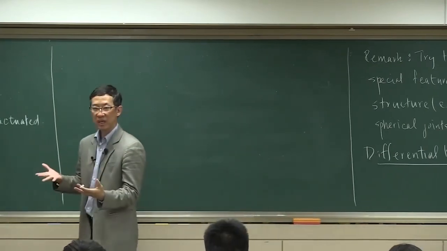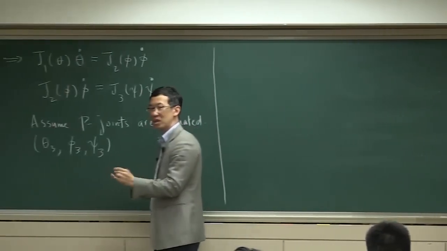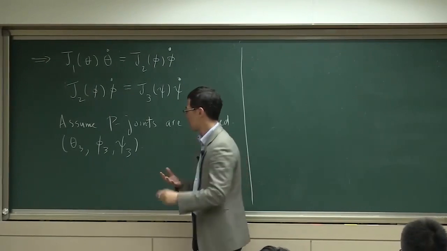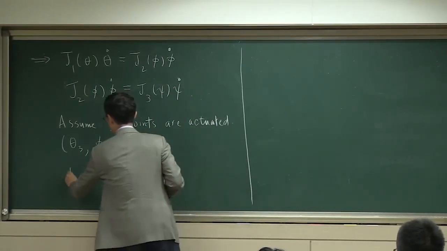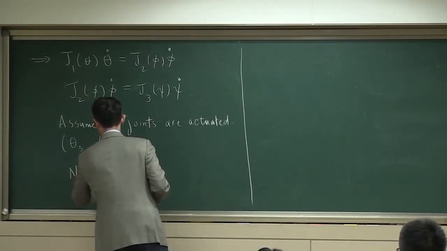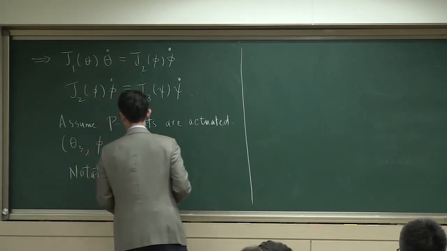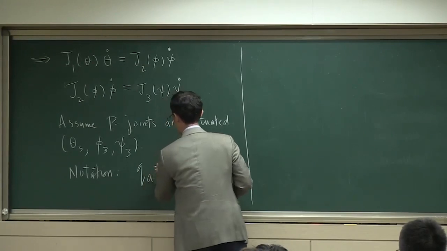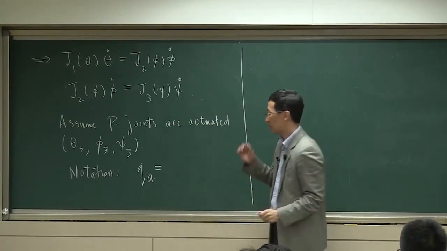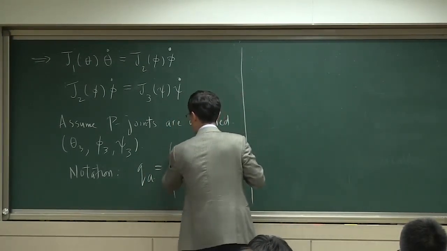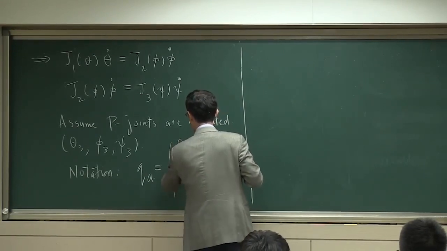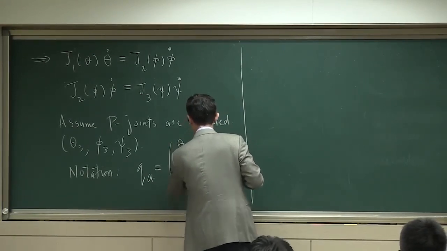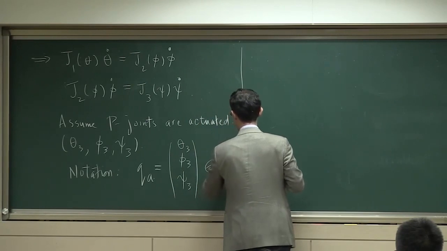Then for the actuated joints, I'm going to use new notation. So QA is my vector of actuated joints. It's theta 3, phi 3, psi 3, so it's three-dimensional.